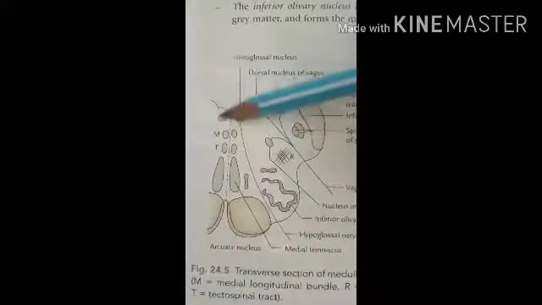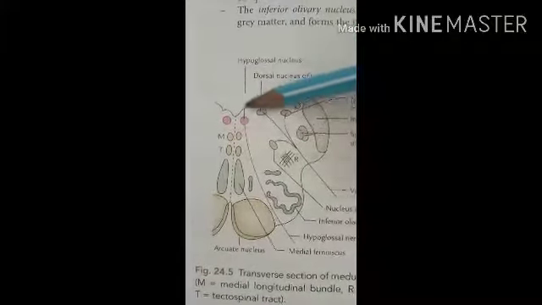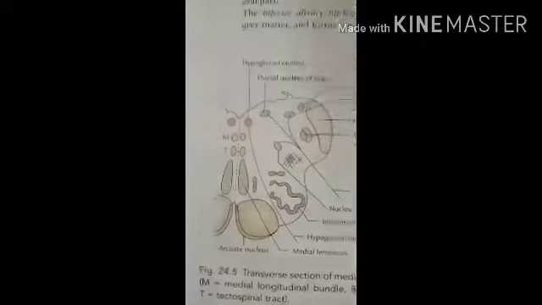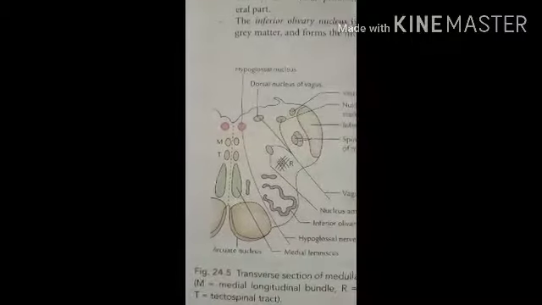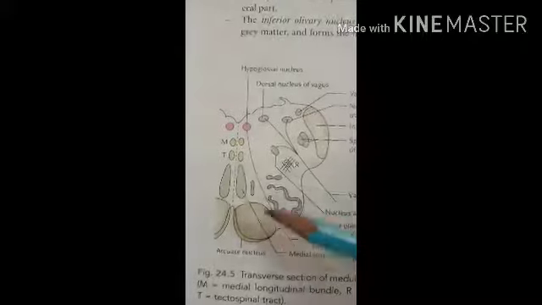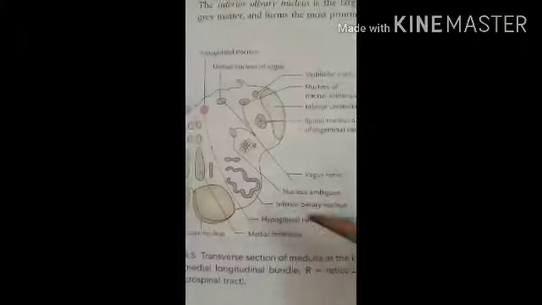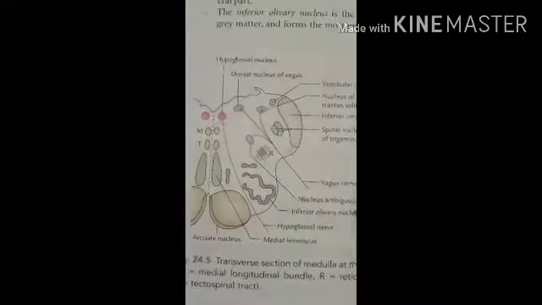Here you can see the triangular cavity, the fourth ventricle or the floor of the fourth ventricle. The important structure present in this TS is the inferior olivary nucleus. Here you can see the inferior olivary nucleus.